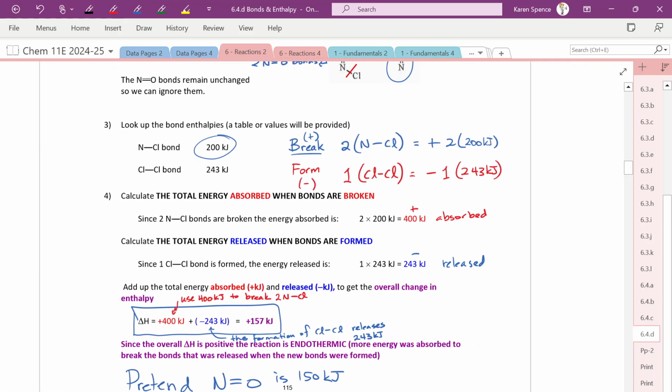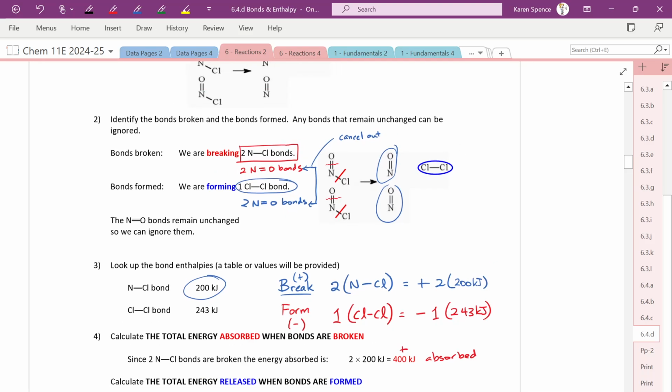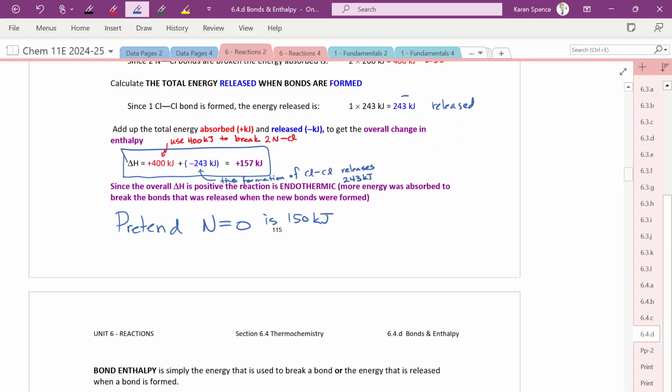That would mean that we would also be breaking 2 N=O bonds. Is breaking positive or negative? Is breaking endothermic or exothermic? Endo. I had to put in energy.